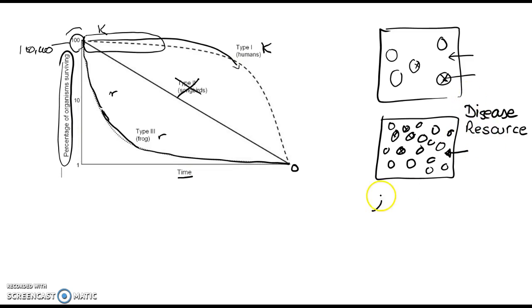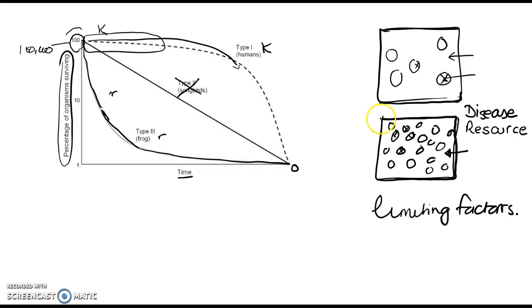So this links back to limiting factors, things that affect the size of the population. Disease won't be a limiting factor in a low density population, but disease will be a limiting factor in a dense one. In fact, the population won't be able to get beyond a certain density because disease will start to spread.